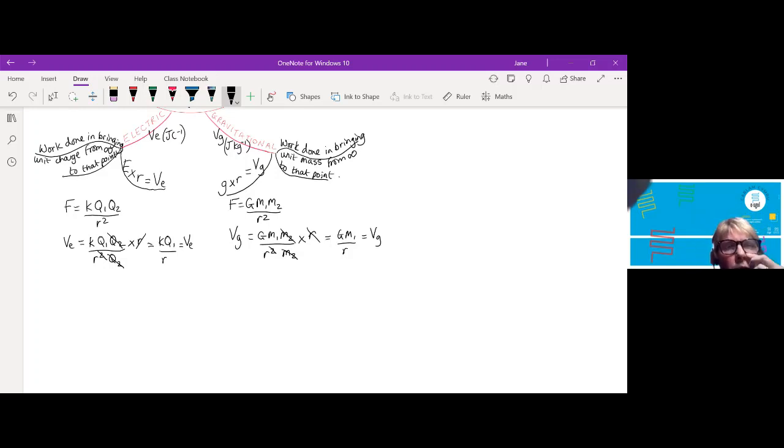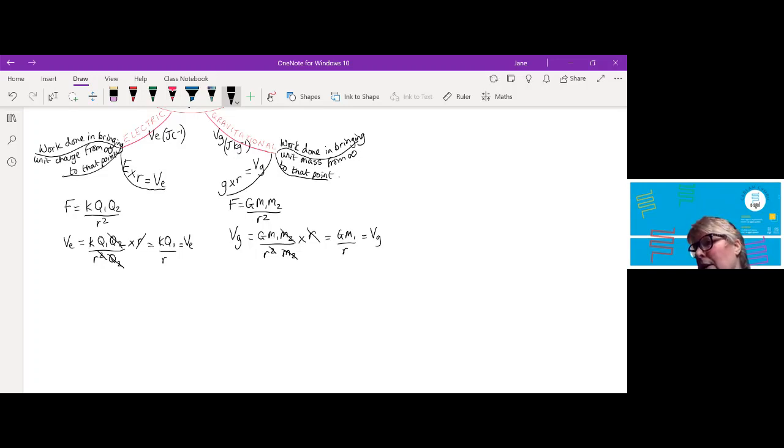Okay, perhaps I've rushed that a little bit and I've made two jumps. I've made the jump from the force to the electric field, and then from the electric field to the potential. Let me show you what I mean.